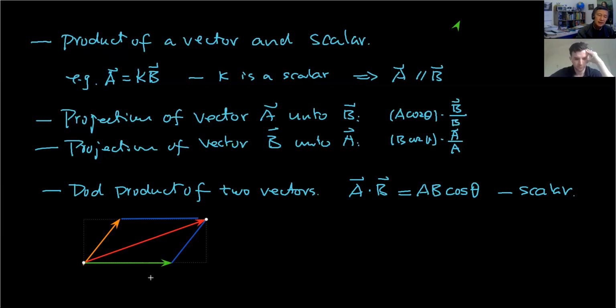So in this case, A and B are not perpendicular. In the special case, we will consider when the two vectors are perpendicular. That's a very important concept in linear algebra.